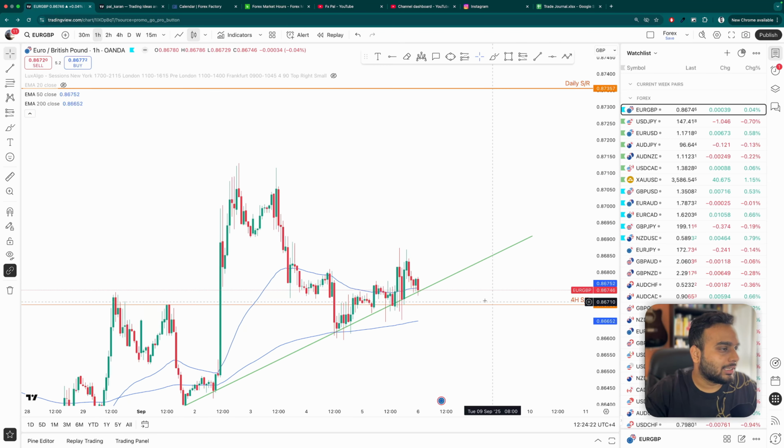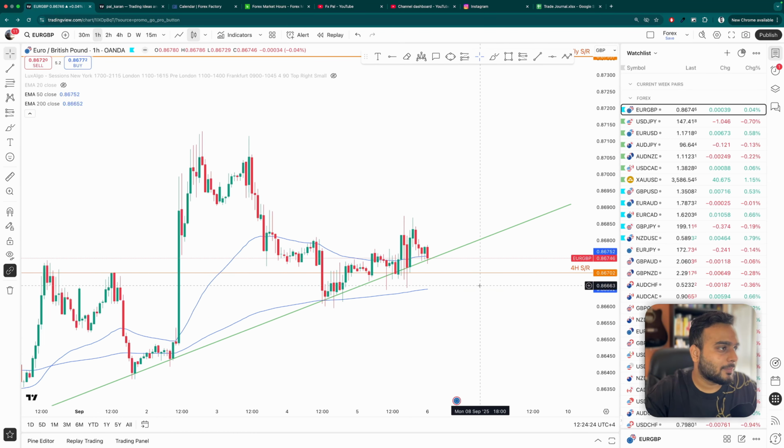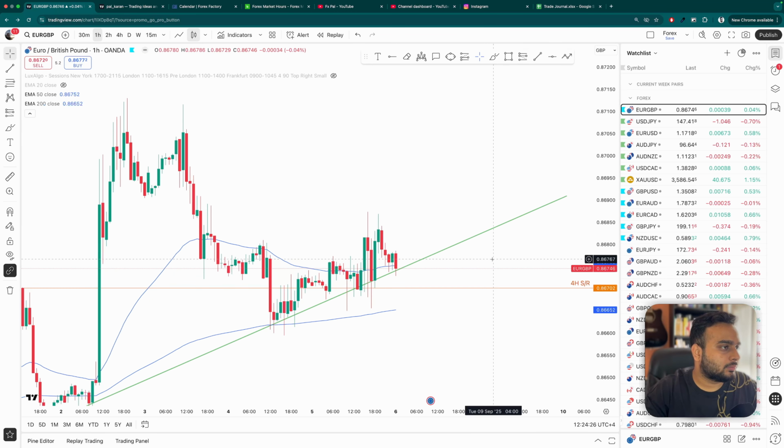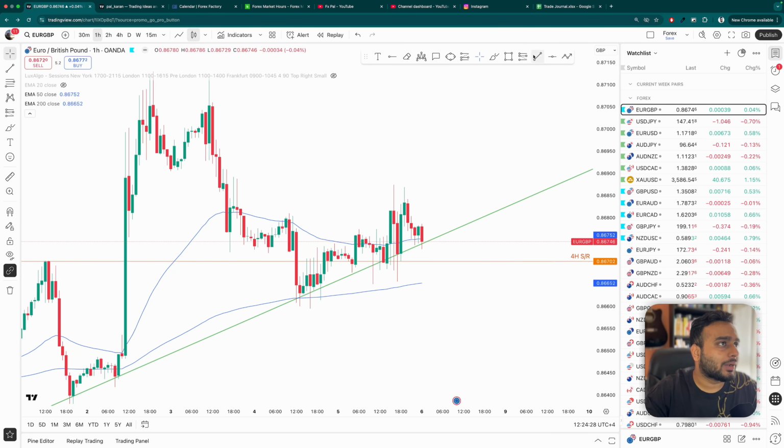A really nice engulfing would actually help. So all I want price to do is give me an entry signal or just break this level.